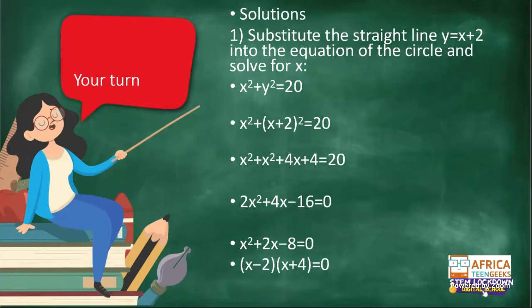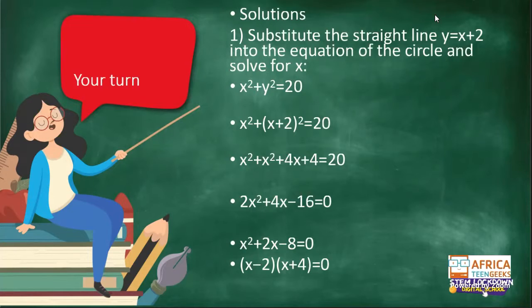Alpha is asking about the radius here. Remember, according to the standard format, the circle is (x minus a) all squared plus (y minus b) all squared equal to r squared.